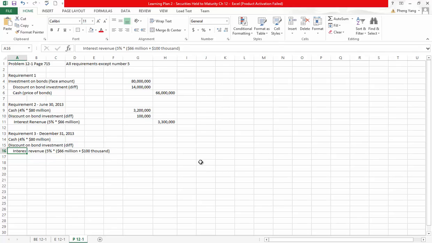Because the discounts from a previous interest period are also considered an initial investment, that interest must be recorded along with that 66 million.